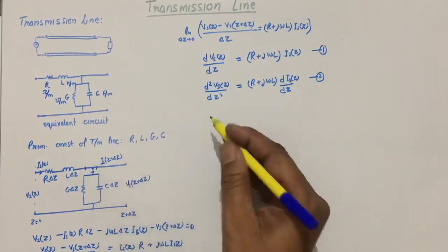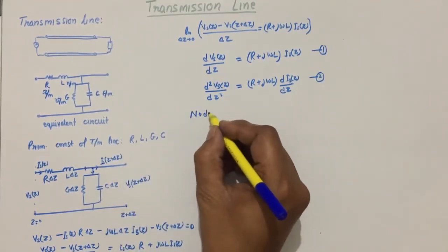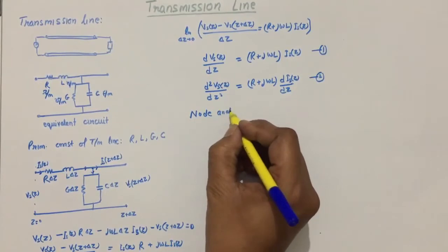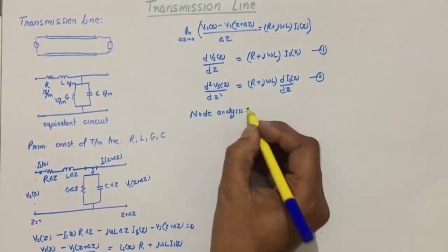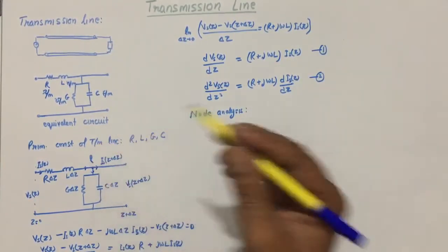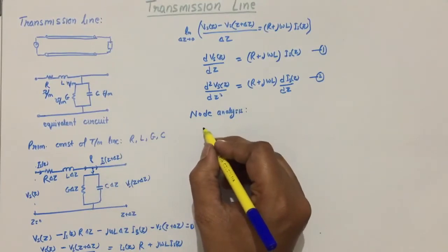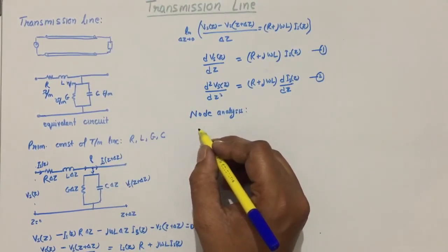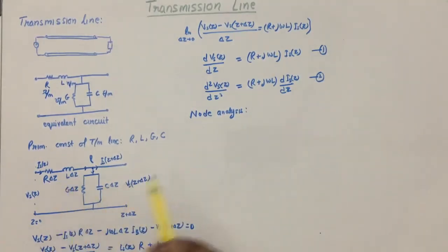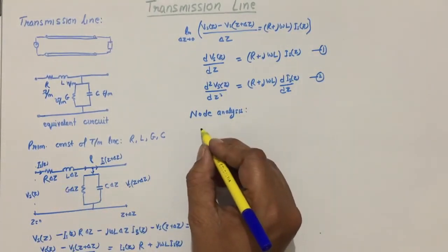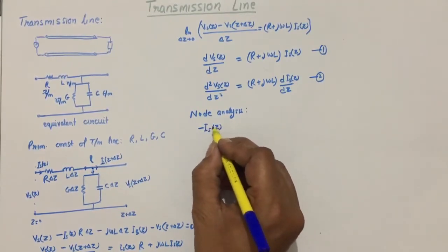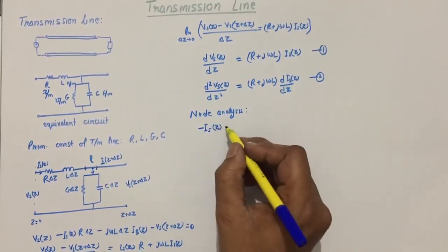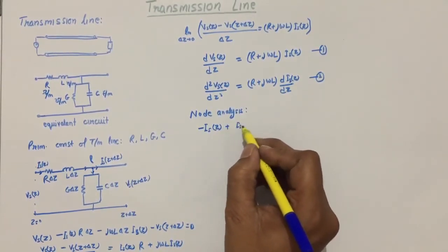So we can write the node analysis at point P. We can assume that the incoming current is considered negative and the leaving current is considered positive. So we can write Is(z) with a minus sign, and the leaving current is Is(z + Δz).